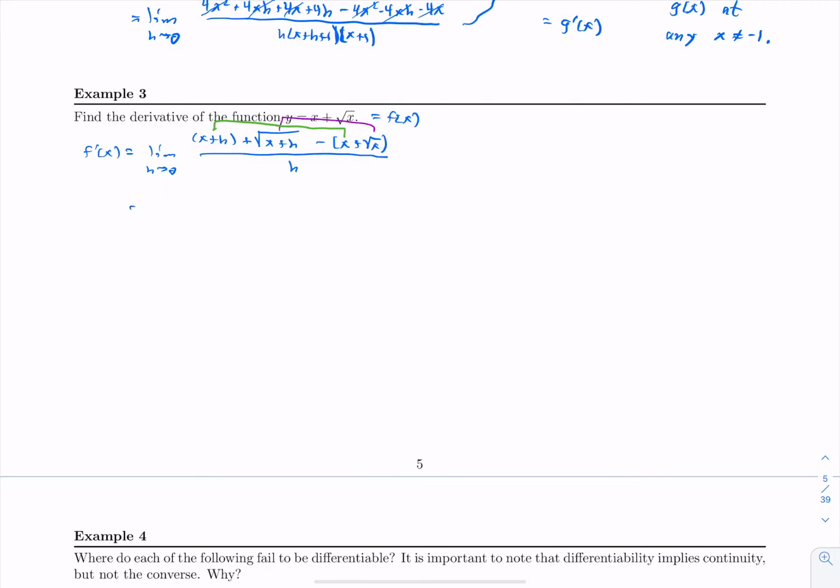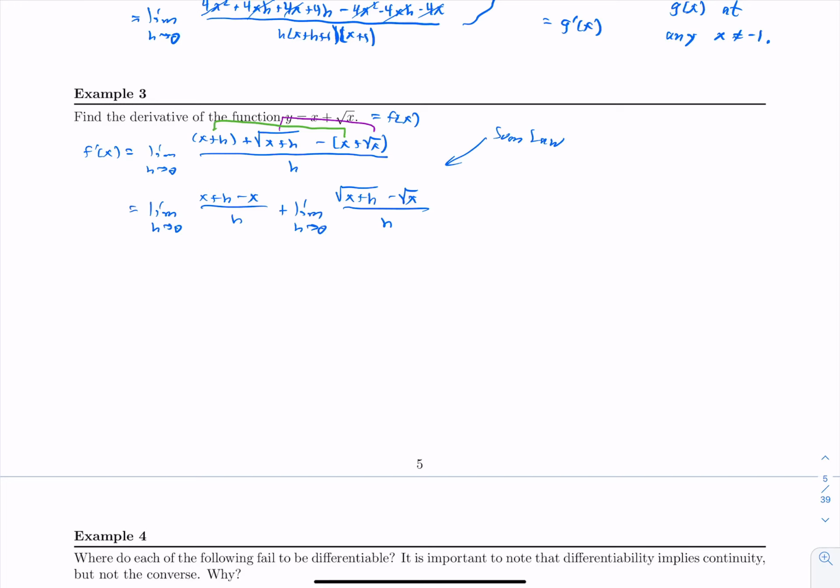So what this gives us is a limit as h goes to 0 of the green part, the part that does not have the radical, x plus h minus x over h, plus the limit as h approaches 0 of the purple part, the part that does have radicals, square root of x plus h minus root x over h. So what I'm doing here is the sum law for limits.